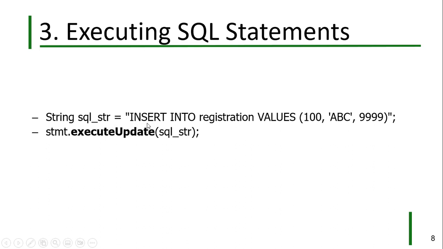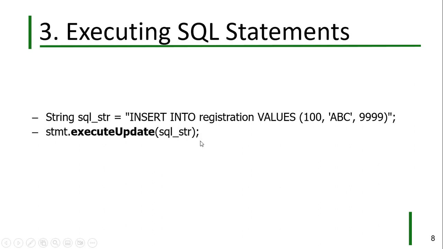In that we have mentioned an SQL statement like insert into registration, that is what we need to insert in the registration table. The values that we specify are 180C and 999, the values that we need to insert. This statement that we have created in the form of a string variable, we need to pass down to the statement's executeUpdate function.